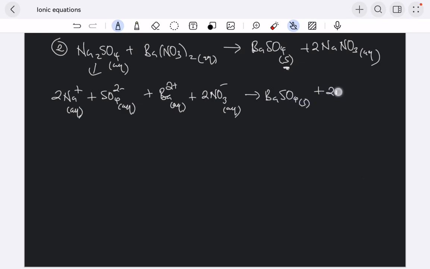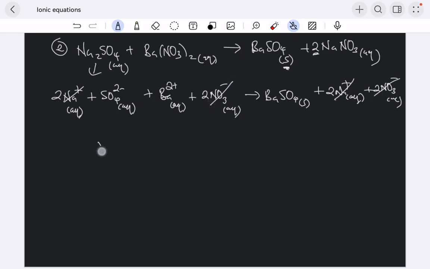Then this becomes 2Na+. Remember, there's a coefficient in front, so we have to be mindful. Then 2NO3- aqueous. So from here, we're able to see that we have spectator ions, which is sodium, then nitrate.